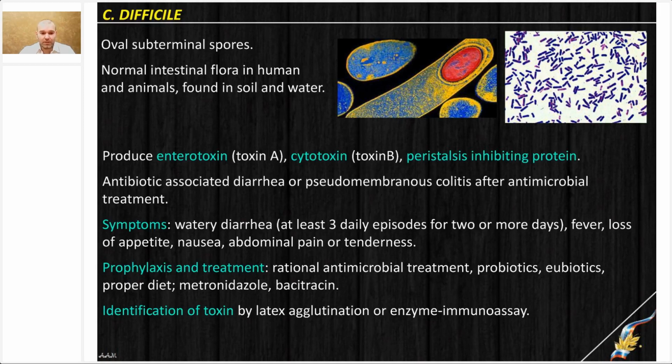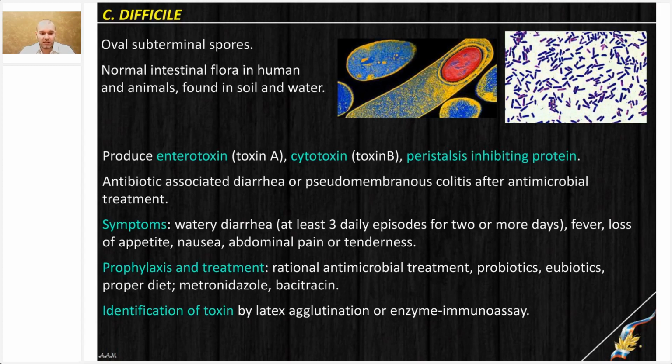And those people need to be provided with correct nutrition, correct frequency, and correct quality of nutrition. Of course, you should provide probiotics, eubiotics, and different other drugs containing normal flora bacteria or vitamins and essential nutrients for restoration of normal flora.